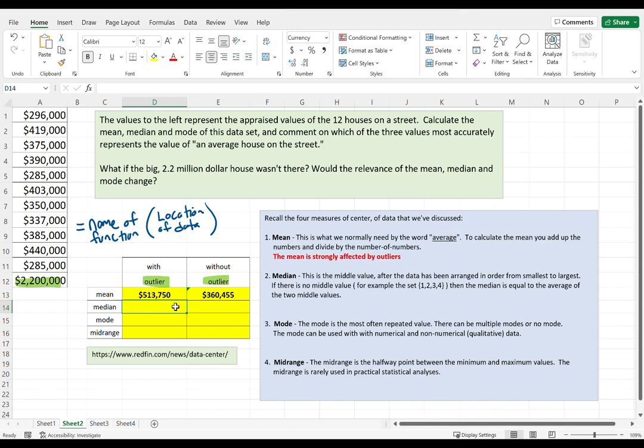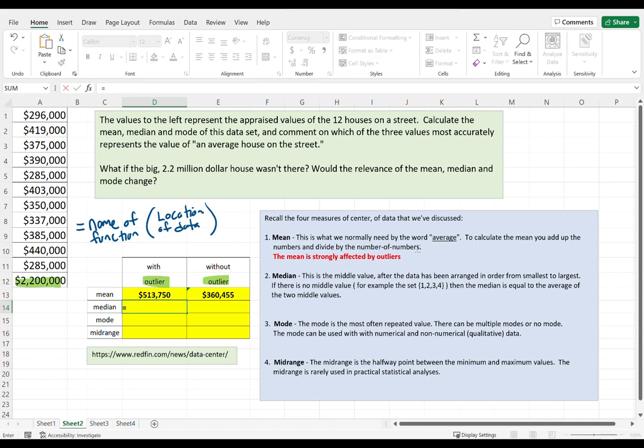Okay, let's move on to median. The median is the middle value. Now we've gone through the definitions in class, so I'm not going to explain what each one of these is. We're just focused on how to calculate them in Excel. So the function for median is, well, it's median.